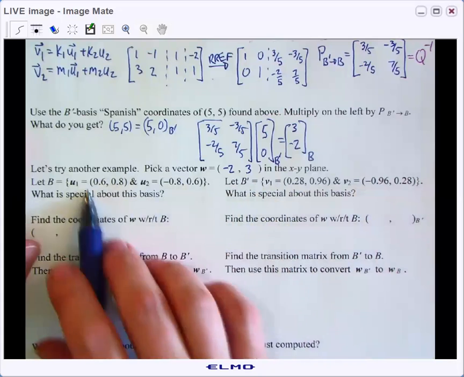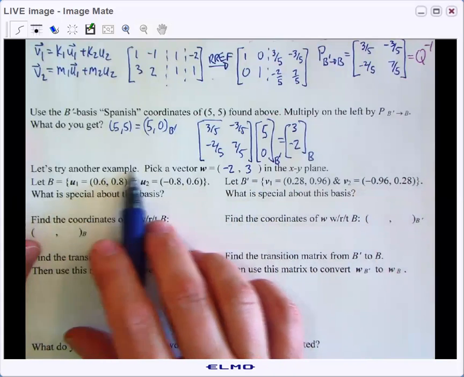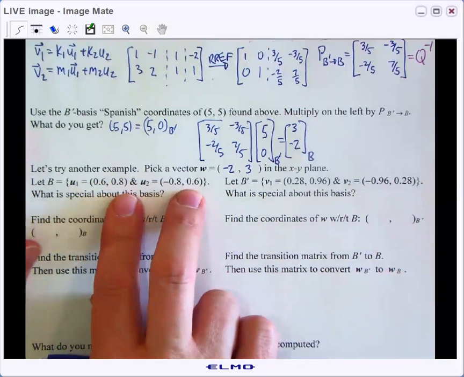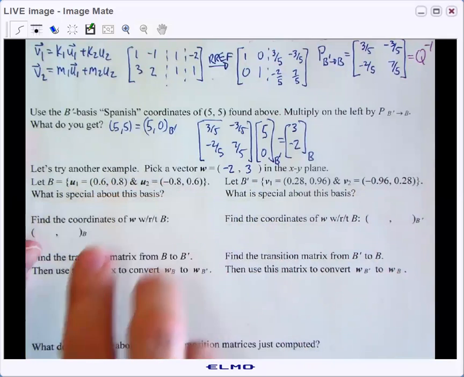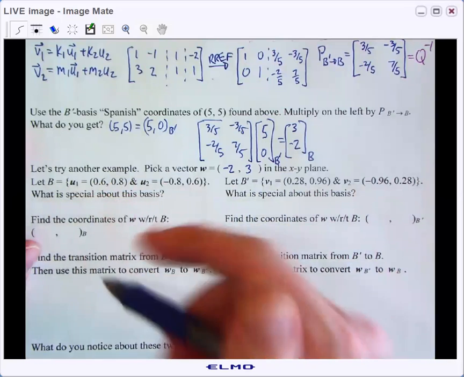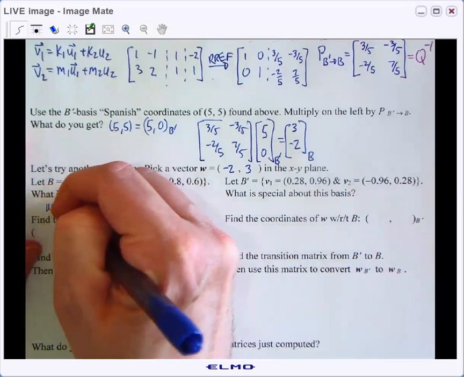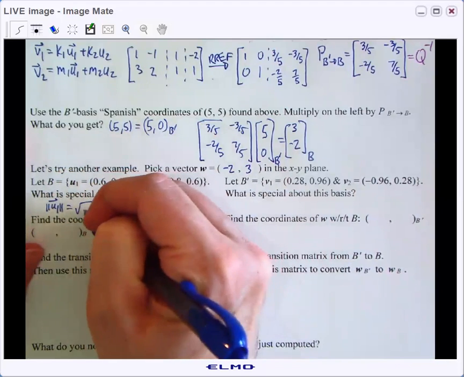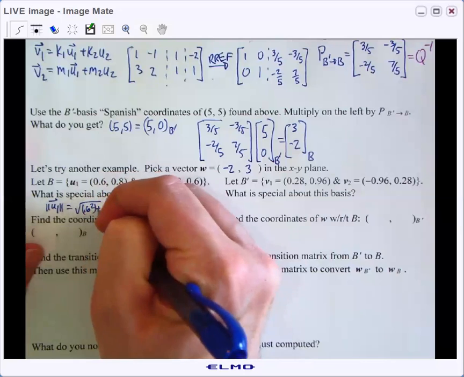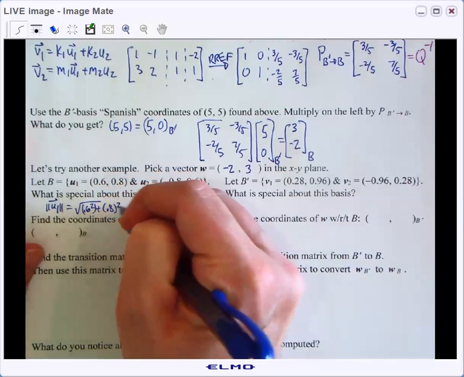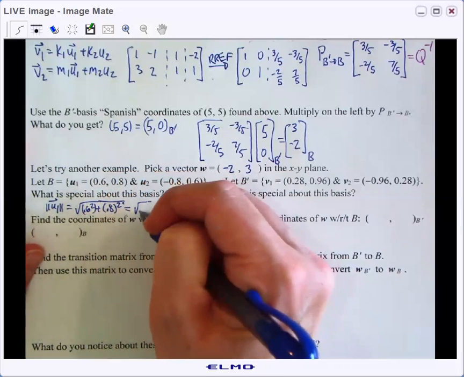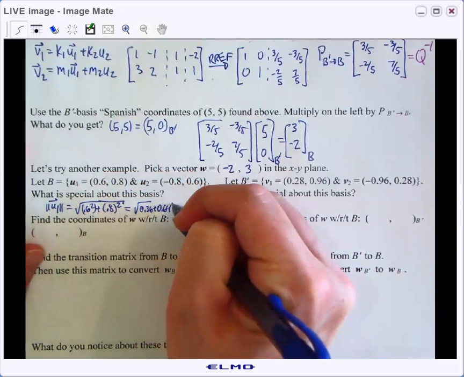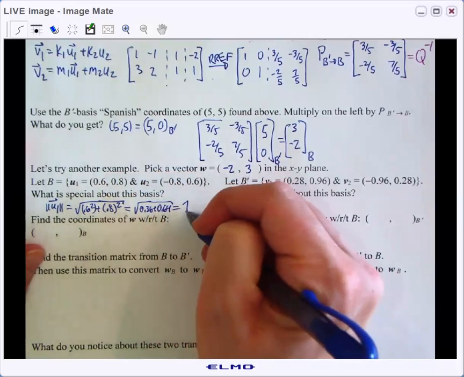What's special about our B basis? Well, you will notice that in this case, if I do the inner product here, I get 0, so they are orthogonal. Oh, and even better yet, if I take the magnitude of vector U1, I will get the square root of 0.6 squared plus 0.8 squared, which is the square root of 0.36 plus 0.64, which is 1.